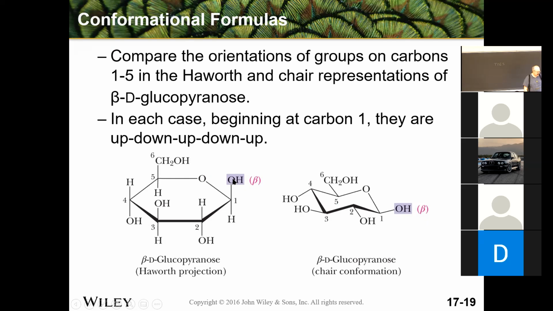This is up, down, up, down, up. CH2 then is up. And for the beta form in the chair, all of the OHs and the CH2OH are equatorial.